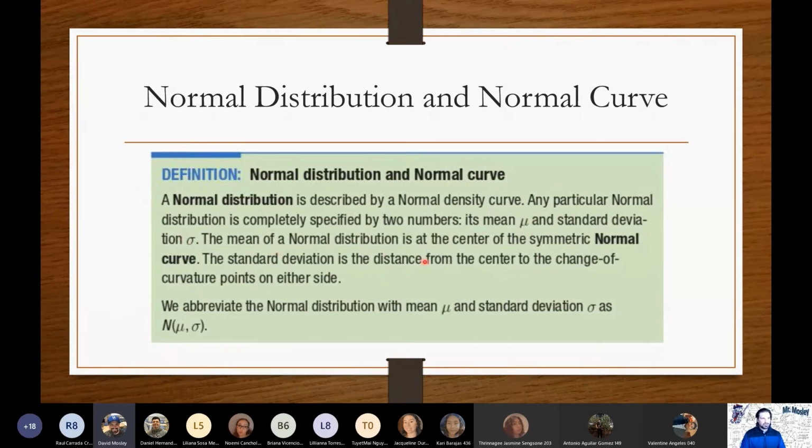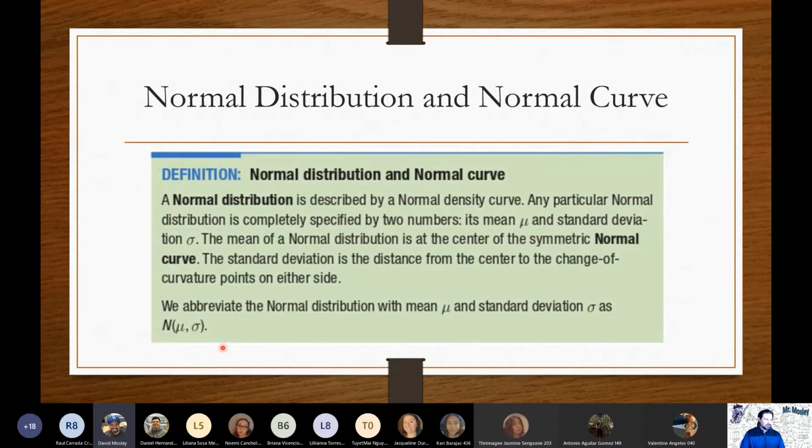The mean of a normal is at the center of the symmetric normal curve. Standard deviation is the distance from the center of the change of curvature points on either side. The change of curvature points just refers to, as we trace along the normal curve, it's kind of like when the steepness of the curve changes.